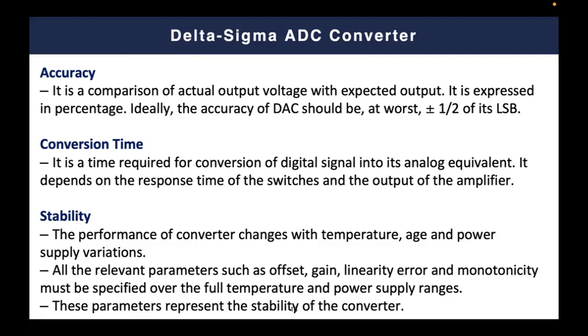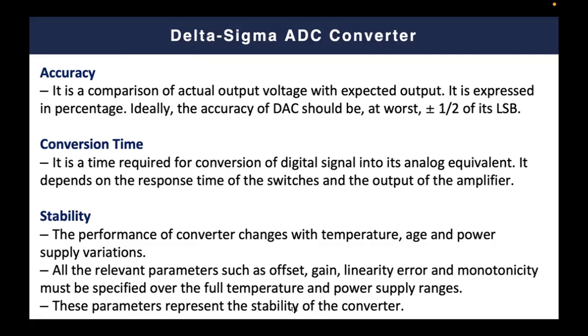So now there is an error between 2.6 and 2.5, which is 0.1, and it is converted into 110. When the DAC receives this 110, it will convert it back into 2.5, not 2.6. So I didn't recover the 0.1 error.